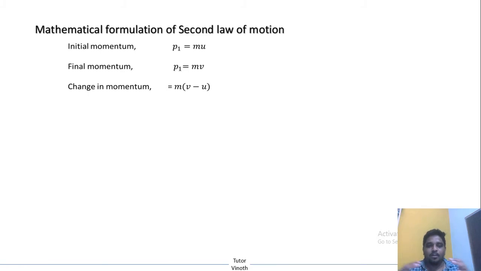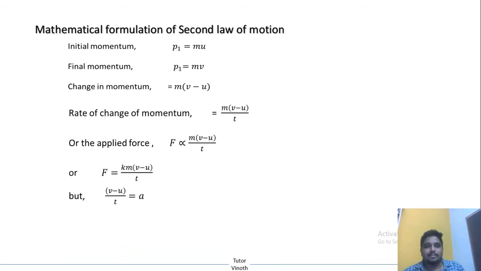In between, how much the change in momentum happens, we are going to calculate with this formula. Therefore, we subtract P2 minus P1, then we get mv minus mu. In that, we take m as common, then we get m(v minus u). Then we calculate with the time.